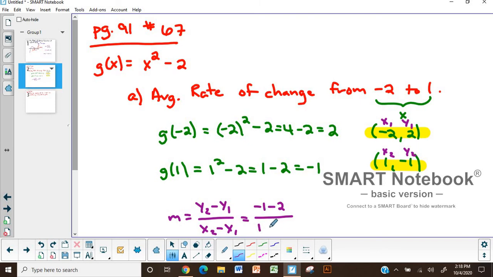In the numerator, that is negative 3. And in the denominator, we have 1 minus a negative 2. That double negative turns to be a positive, so we really have 1 plus 2, which is positive 3. Negative 3 divided by 3 is going to be negative 1. And this value right here of negative 1 is the average rate of change from negative 2 to positive 1.